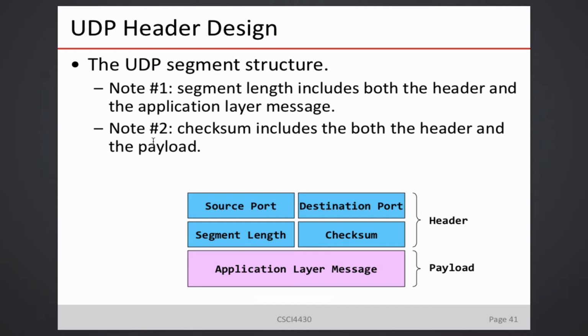Body means an application layer message. And what is the segment length? Segment length is the length of the header plus application. Later you will use it in assignment 2. In assignment 2 you are actually implementing a protocol analyzer. You analyze the protocol and know that, oh, this is protocol UDP, and for UDP how to extract the useful fields and how to modify some of the fields.